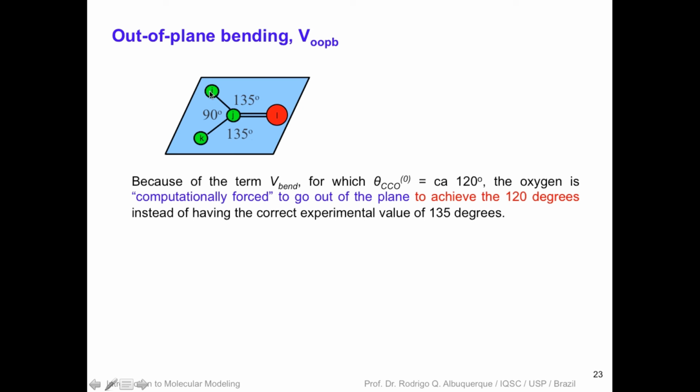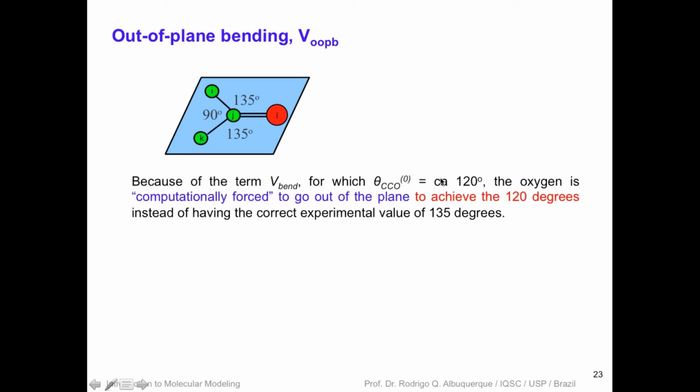Well, when we pay attention to these 3 atoms, for instance, they could be carbon, carbon, and oxygen, you would search for the reference bond angle and you would find a value of 120 degrees. So it's not 135 degrees, it's 120, the reference. And the atoms would try to assume this configuration, would try to make an angle between these 2 bonds here of 120.